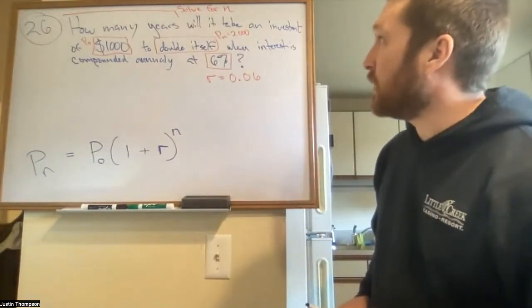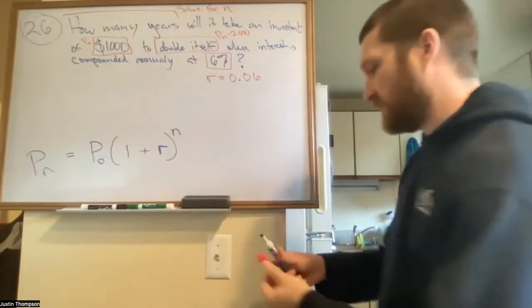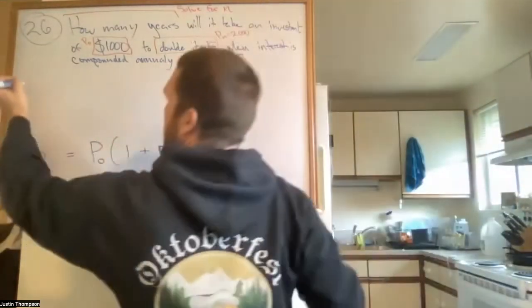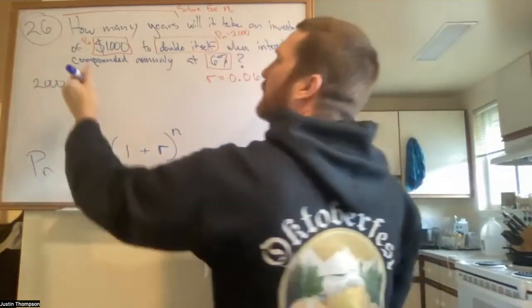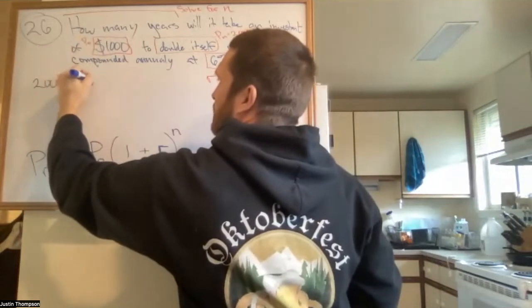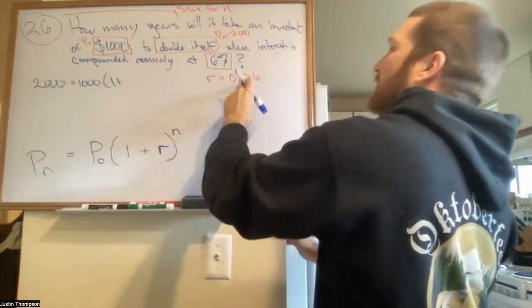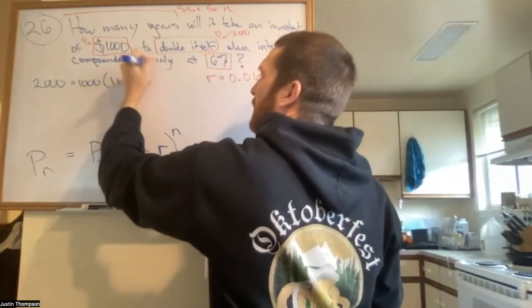Okay, I think we have everything we need. The PN we know is 2,000. The P0 is 1,000. Times 1 plus 0.06, raised to the power of n.